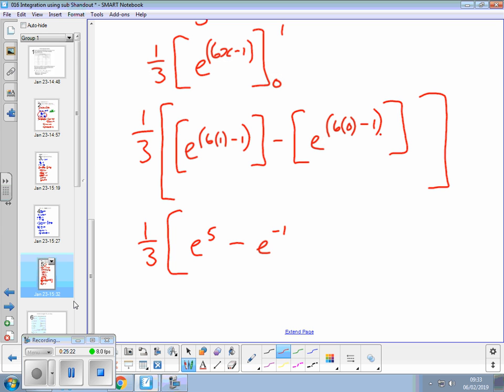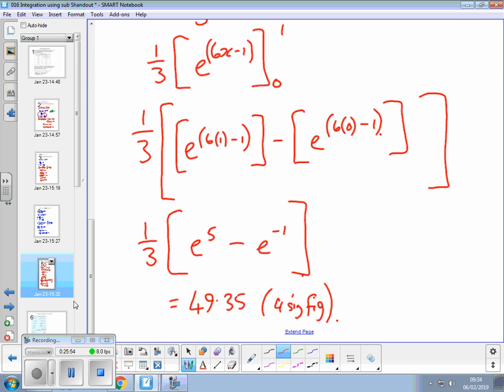Everyone agree? If you plug that in your calculator, what do you get to 4 significant figures? 49.35 to 4 significant figures.